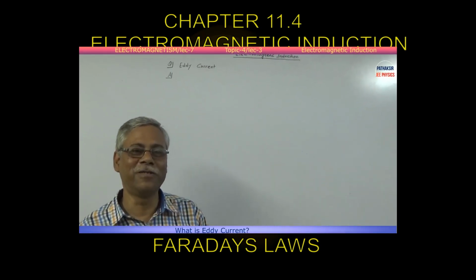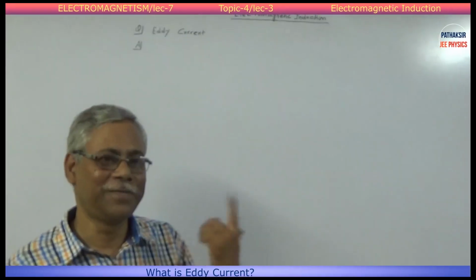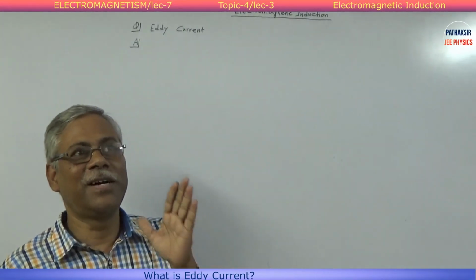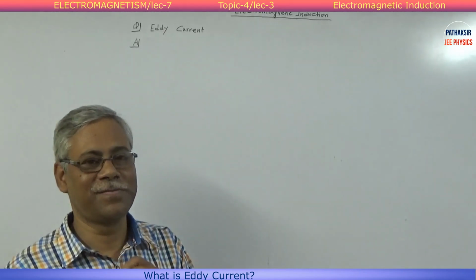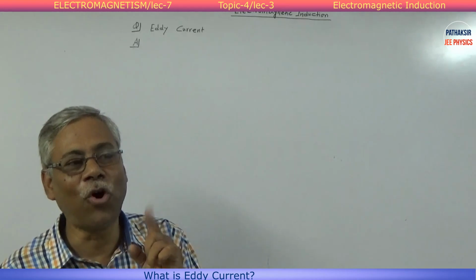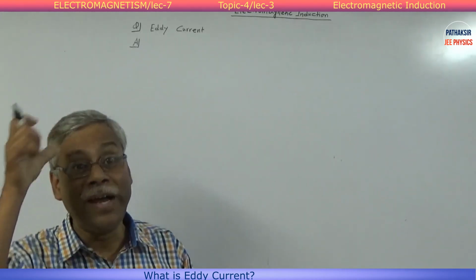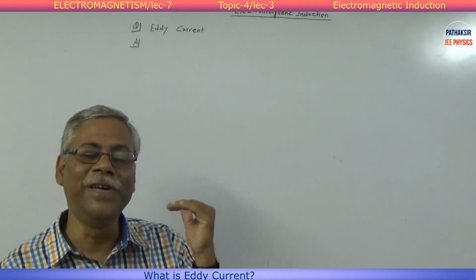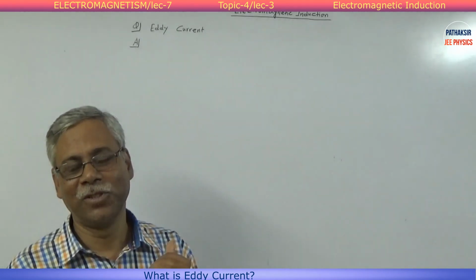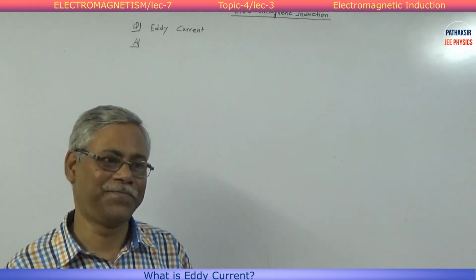What is the effect of induced EMF? Current will flow. Consider a situation where you have induced EMF, but you have not arranged for a convenient path through which current can flow.